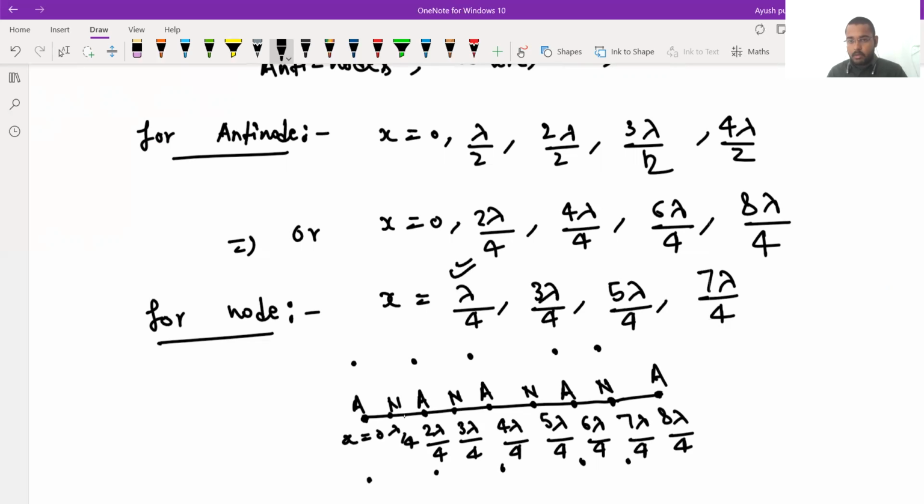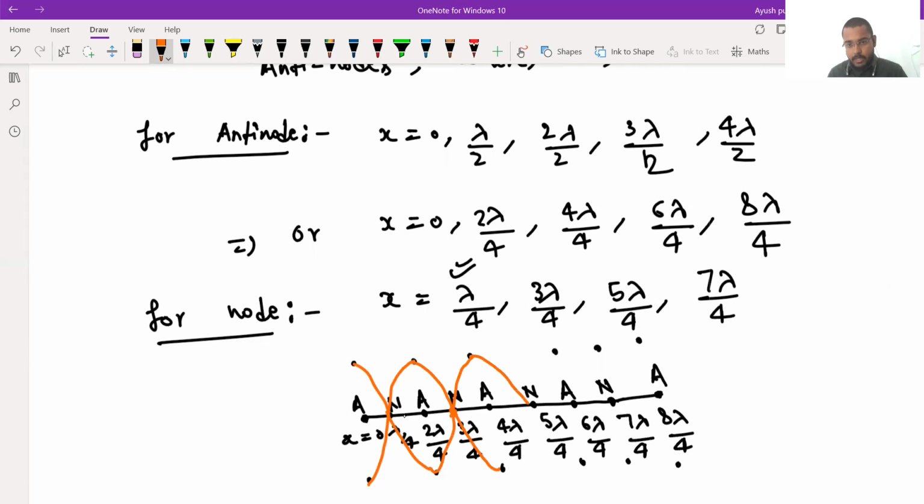Now let's join these points. Let me join them with a different color. I will get a shape something like this. At a node, I have to make the displacement 0, and at an antinode, I have to make the displacement maximum.